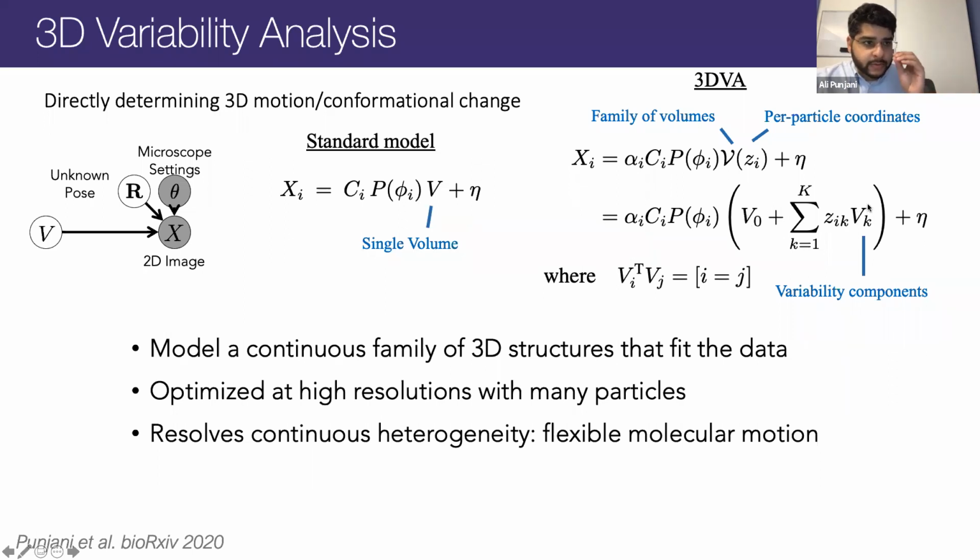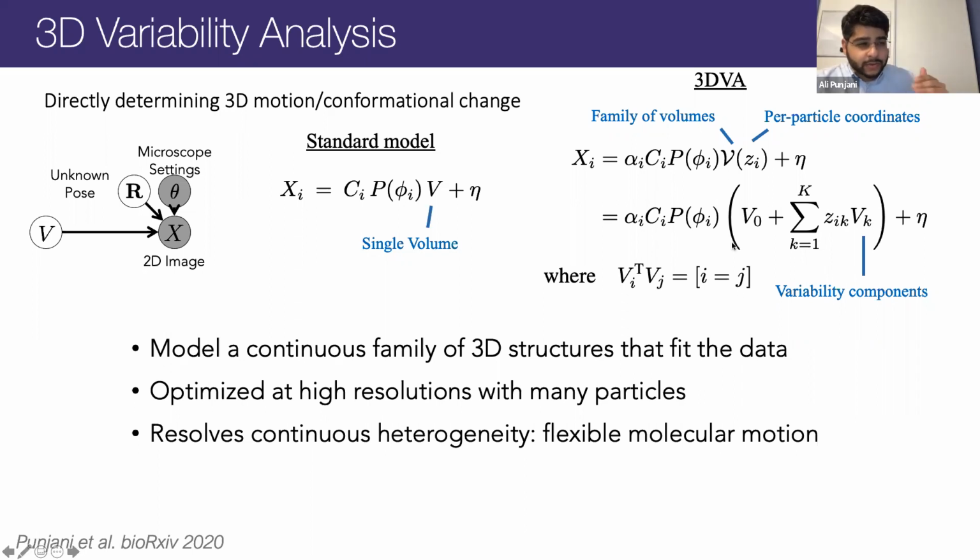So the variability components are types of change that we're allowed to make to the basic structure. And if K is, let's say, 5, then there might be 5 different types of modifications we're allowed to make. And the Zs tell us for any given particle image how much of each modification is present in the image. Hopefully that made some sense.